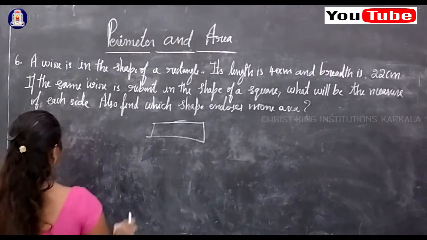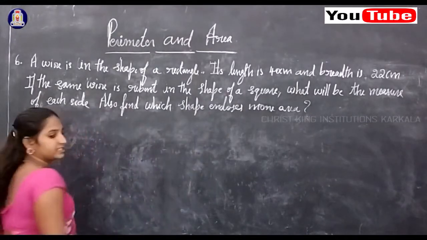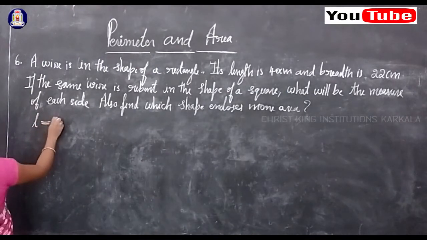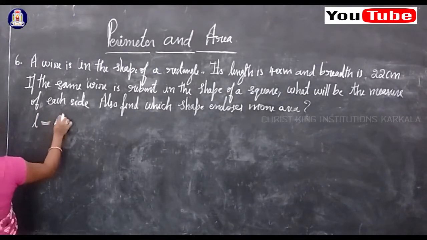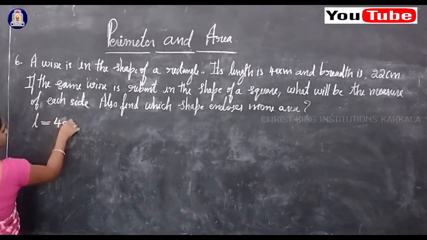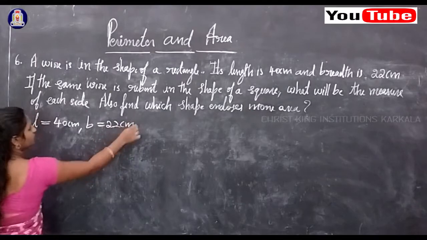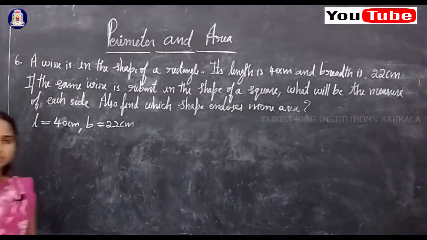So now that rectangle's length and breadth is given. So what is the length? We'll write first. Length is 40 centimeter and breadth is 22 centimeter. Length is given, breadth is given.